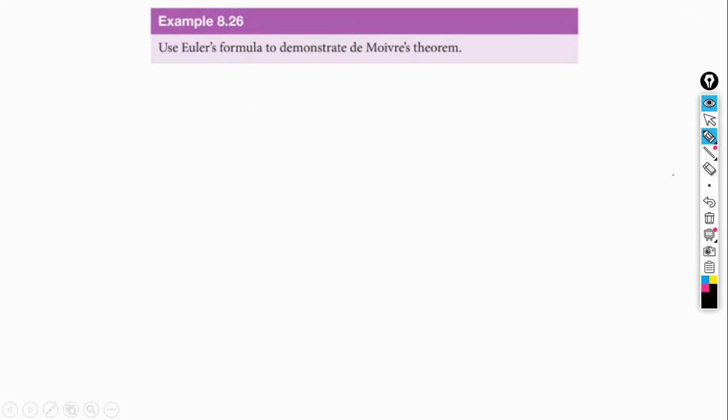So next we have example 8.26, and they ask us to use Euler's formula to demonstrate De Moivre's theorem. So De Moivre's theorem, remember, is r times cosine of theta plus i sine of theta, to the n. And we know what this equals, but we have to use Euler's formula to demonstrate it. So we can just rewrite this using Euler's formula.